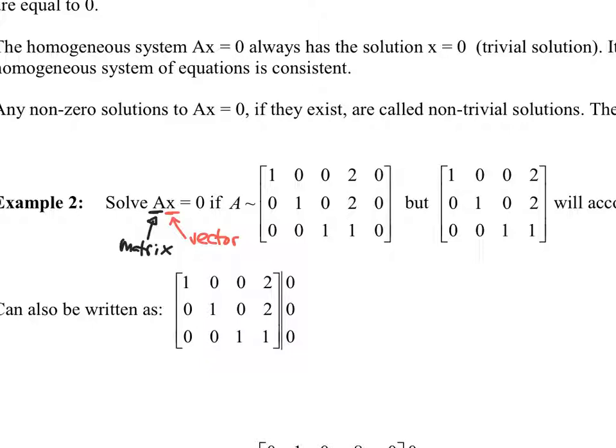So as before, we know that the first pivot value, assuming it's in the upper left-hand corner, is going to be associated with x1. Let me focus on that for now, the parametric form.